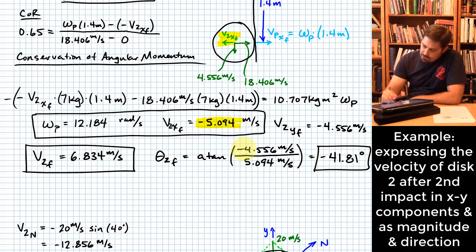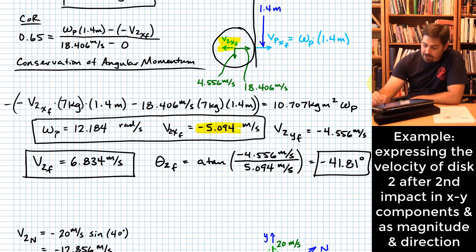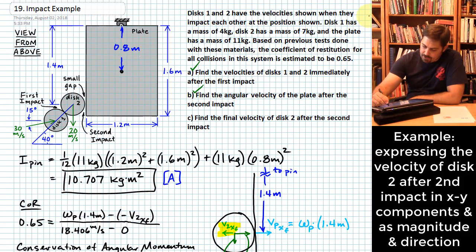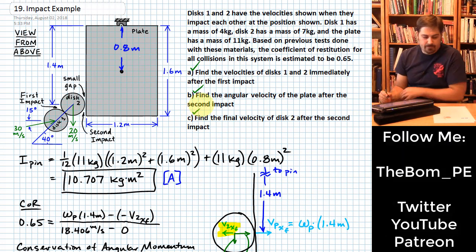Well, negative in the y and positive in the x does put you in the fourth quadrant, and the fourth quadrant is also where the negative 41.81 implies. So it looks like we are good there. So that is the magnitude and direction of the final velocity of disk 2. We already had the magnitude and direction of the final velocity of disk 1 from the last time, and so I believe that we have now covered all of the requested items in this problem.